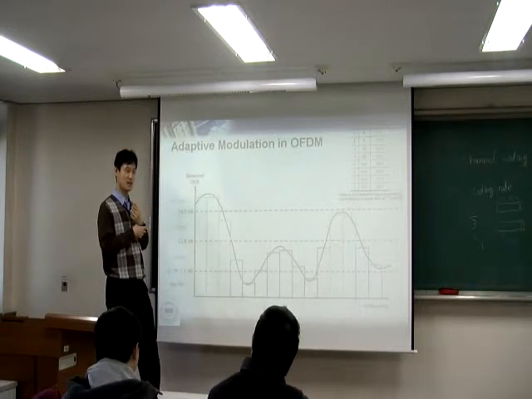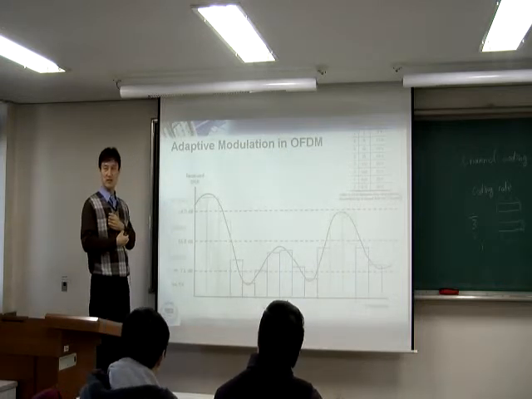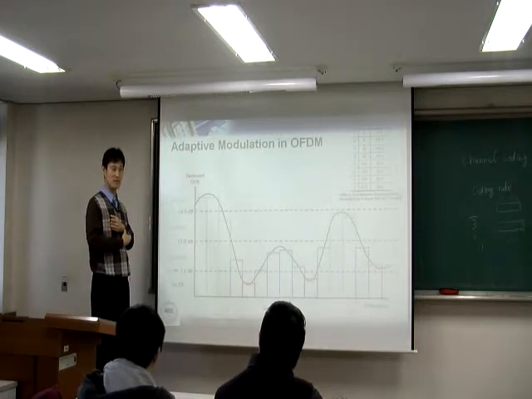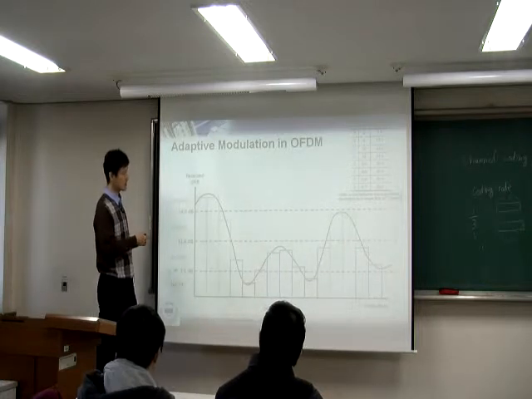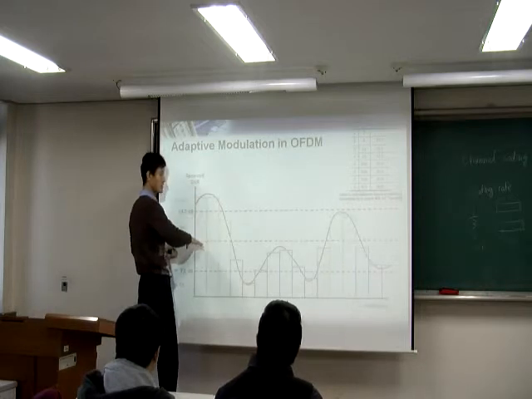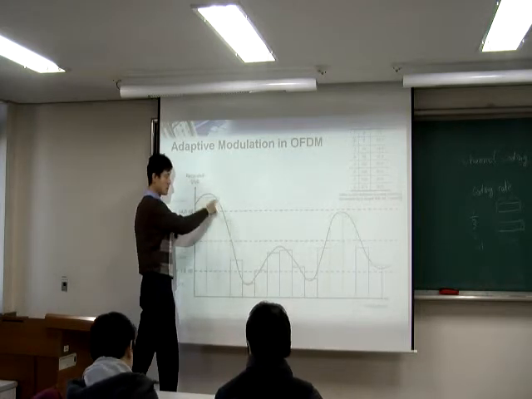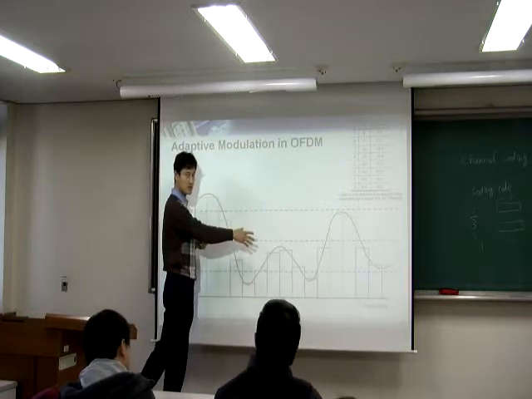That never happens, right? Because we always have multipath. We always have a delay. So because of how many multipaths you have and all those things in your channel condition, the frequency response of the channel fluctuates. For example, like this.